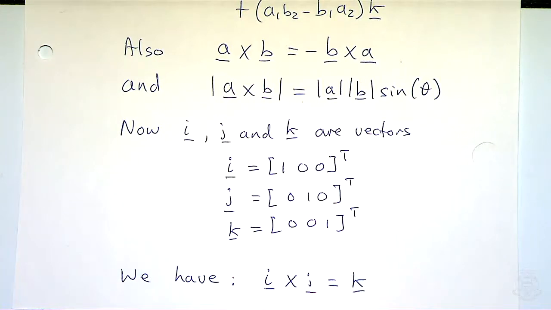If we do k crossed with j, we actually get minus the I direction. Okay, and again, if we use the right-hand rule and we draw it out and think about it, what happens is we get another vector at right angles, but it's pointing in the minus I direction this time. And if we do k crossed with I, we get the j vector.